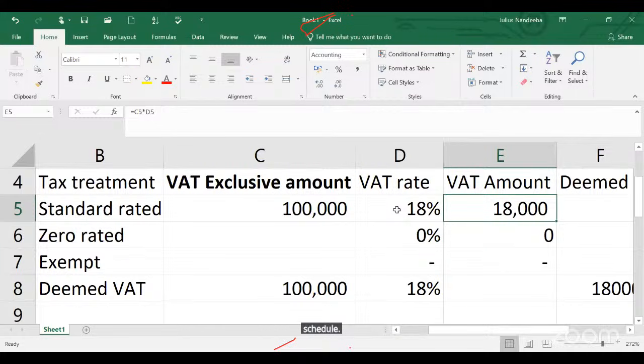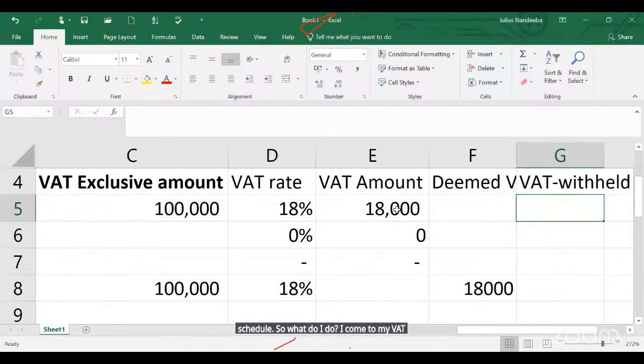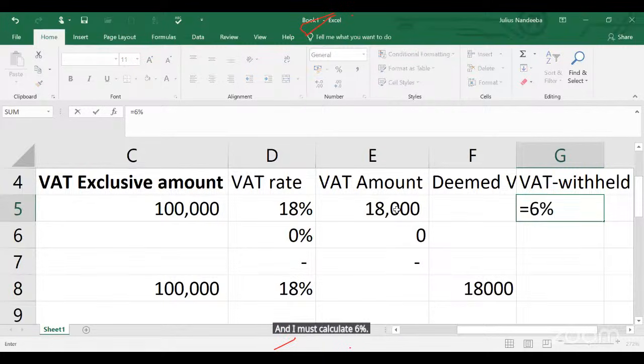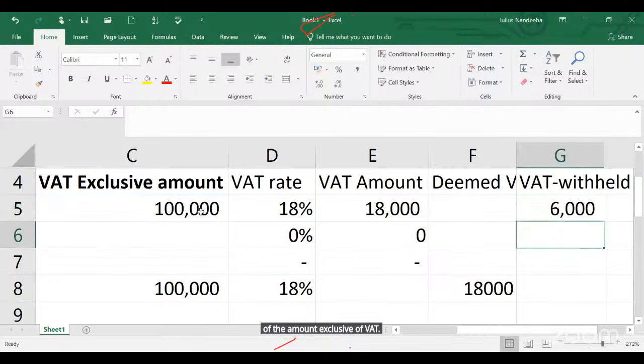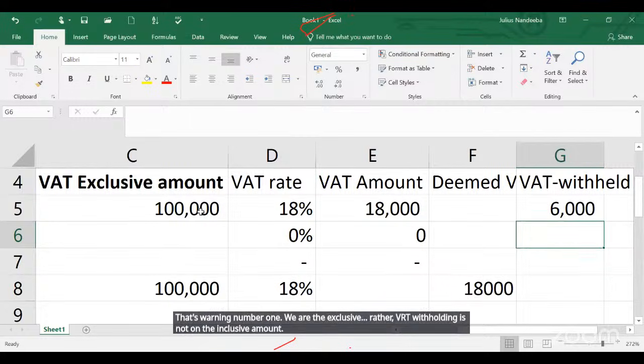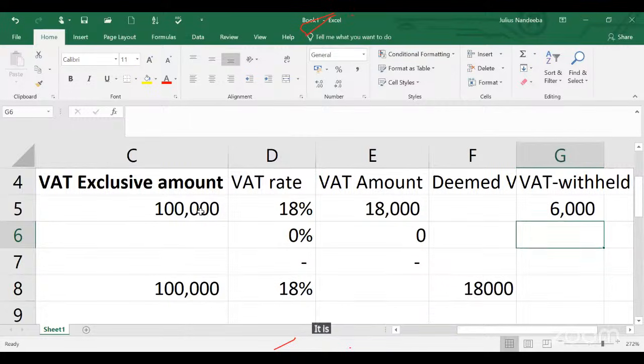So I count my VAT withheld and I must calculate 6%, of which amount? Of the amount exclusive of VAT. VAT withholding is not on the VAT amount. That's warning number one. VAT withholding is not on the inclusive amount. It is on the exclusive amount, and the rate is 6%.